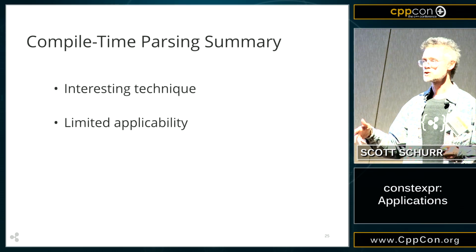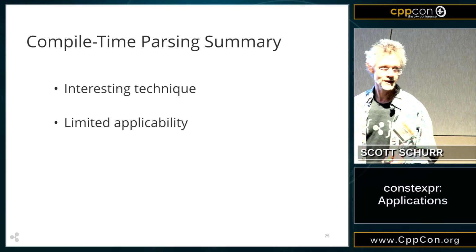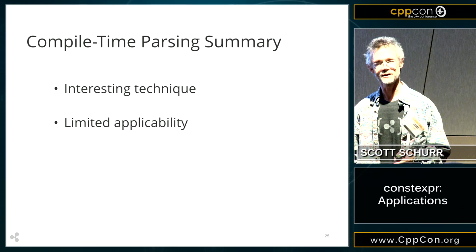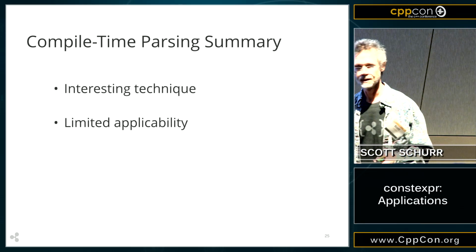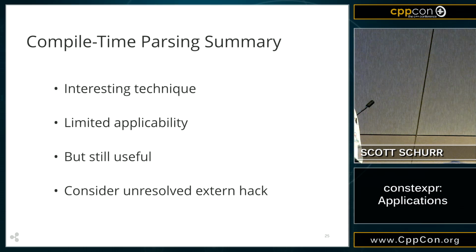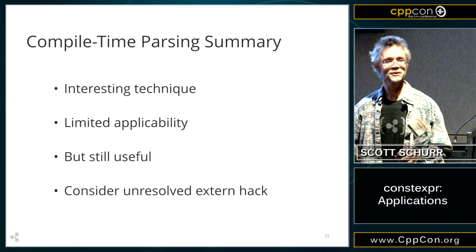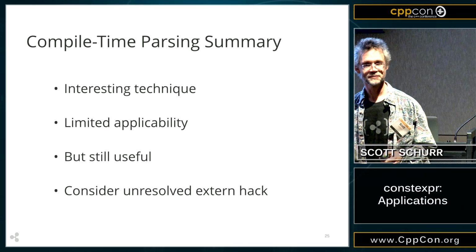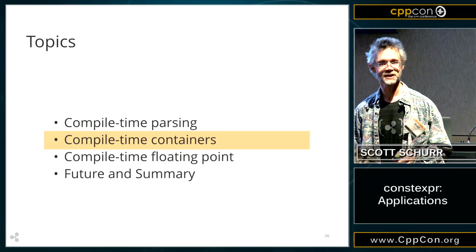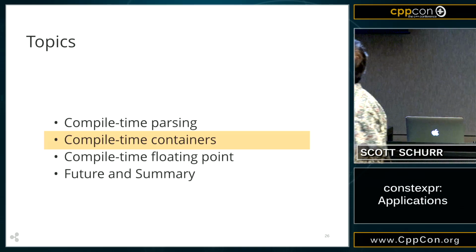The applications are limited, but it's not just a binary literal. There are other places where you can compute literals that are useful. And in general, you're going to see repeatedly, consider the unresolved extern hack, because for me, a lot of the functionality of constexpr is in stuff that I know I want at compile time.